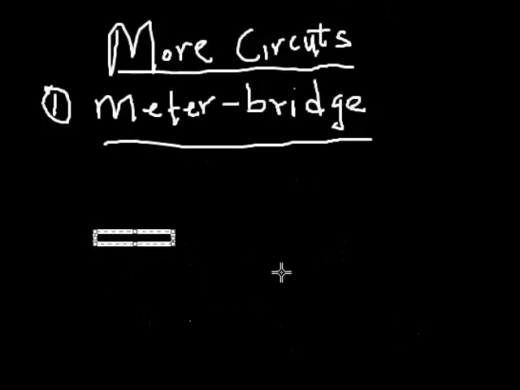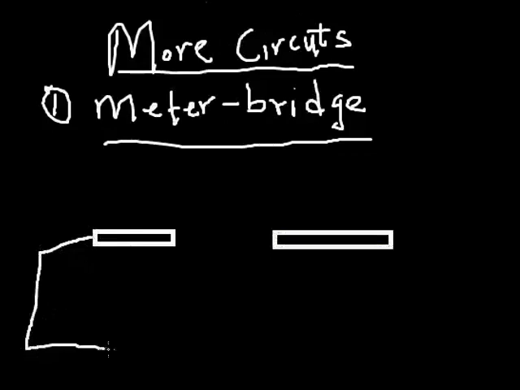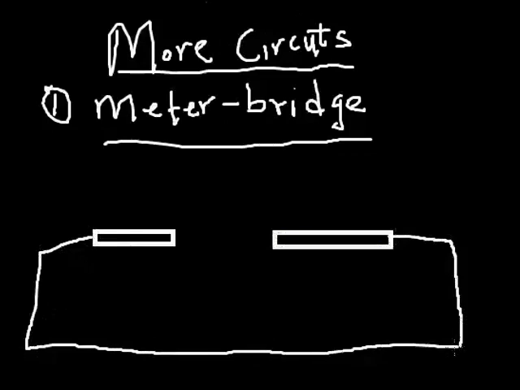two resistors, these two resistors. Then I'll connect them to a length of wire. This is a length of wire, known as a meter bridge.